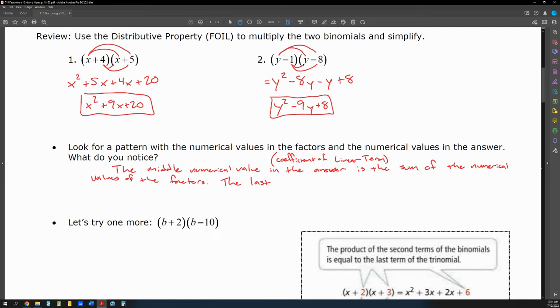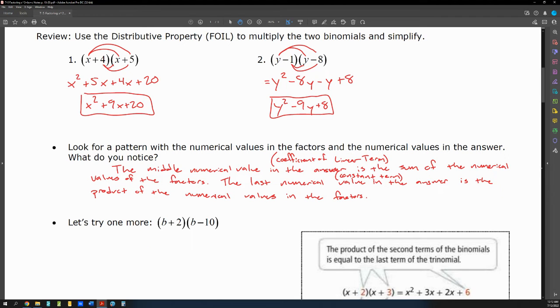The last numerical value in the answer, or the constant term, is the product of the numerical values in the factors.